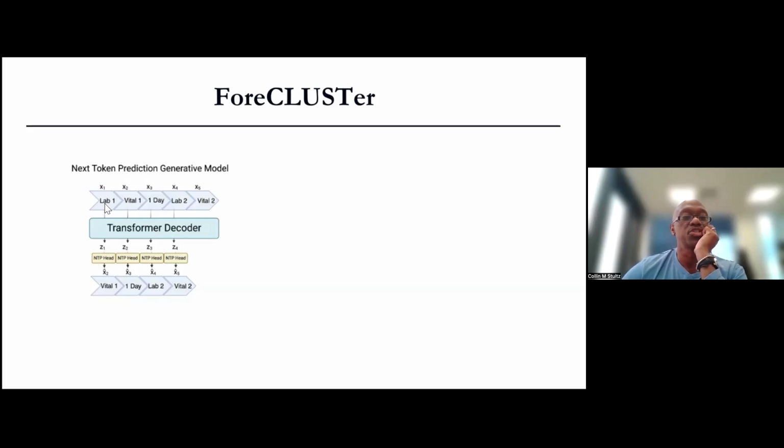So all of the information in the past is used to generate some embedding, and from this embedding, we can use the next token prediction head to generate the token. So this is a standard transformer, standard for generative pre-trained transformers. Same thing done in language, it's just now applied to electronic health records.